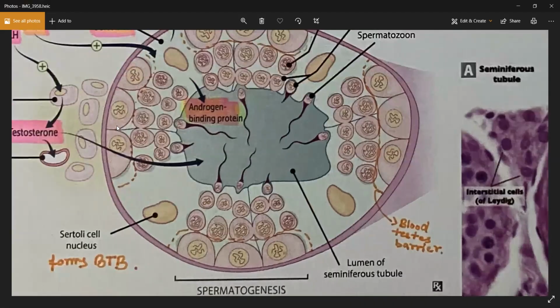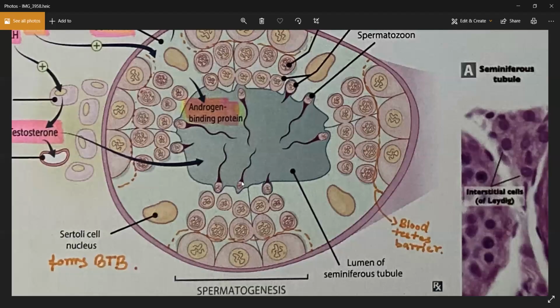On the right side, are all the outer layer cells spermatogonium? Yes, exactly. Only the outer cells are the spermatogonia. And the inner two layers, what are there? The primary spermatocyte, secondary spermatocyte, spermatids, sperms, right?